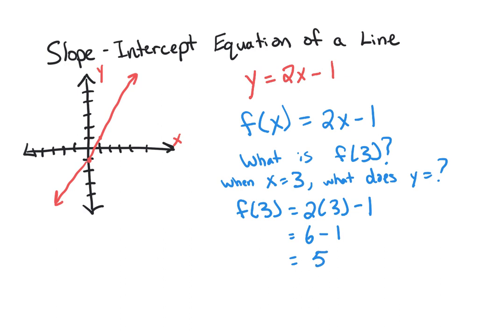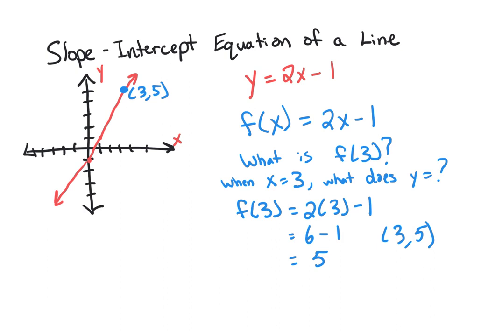So for this graph, that tells us that when x is 3, y is 5, so (3, 5) will be on our graph. I would go over 3 and up 5, and it's on our graph. We can plug in any x value we want and get the matching y value on our graph.